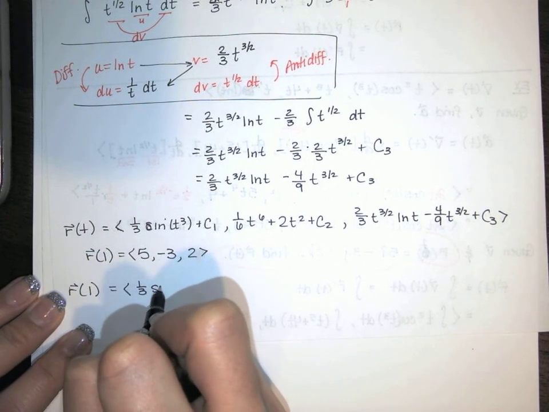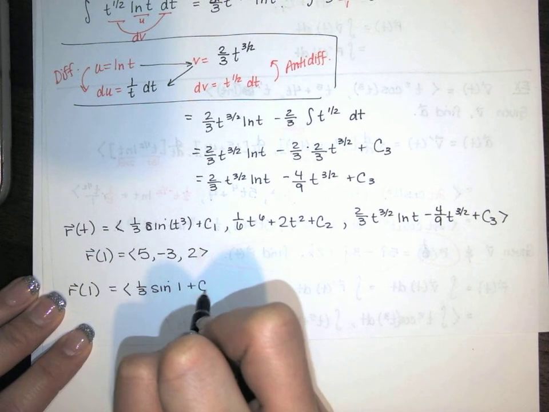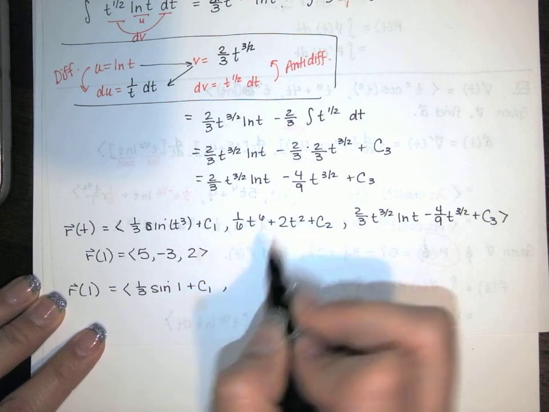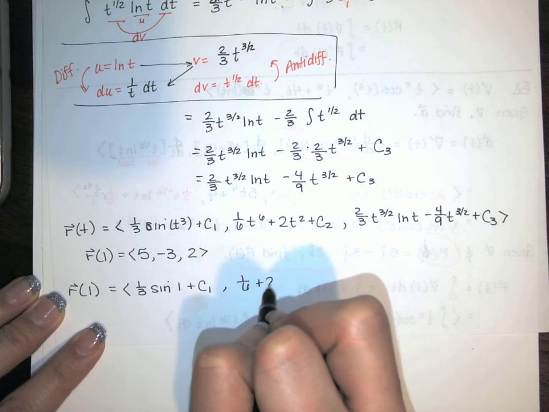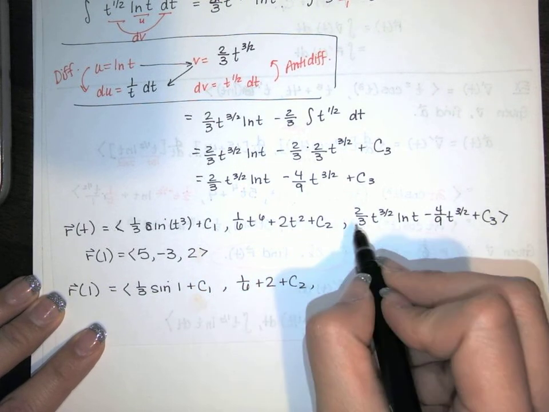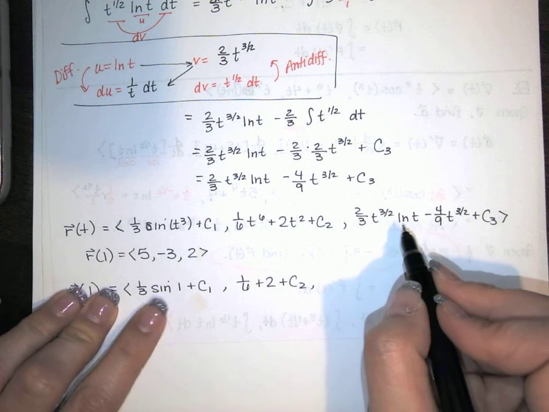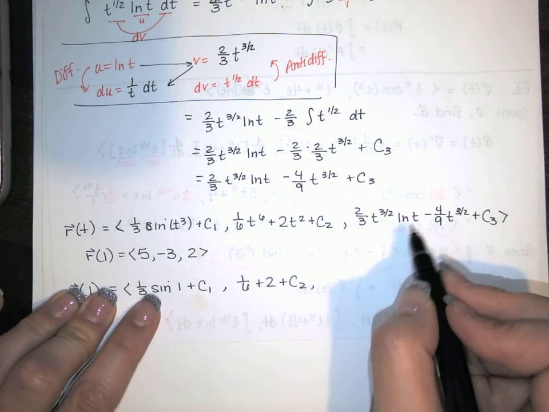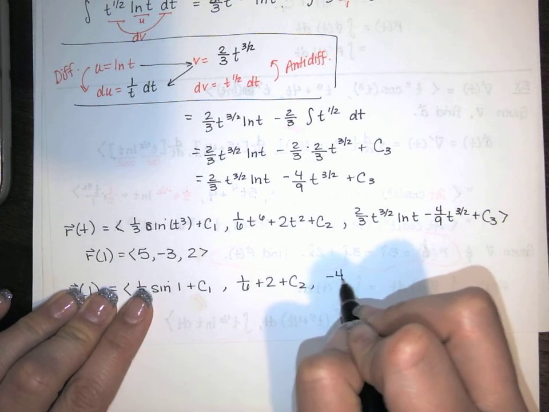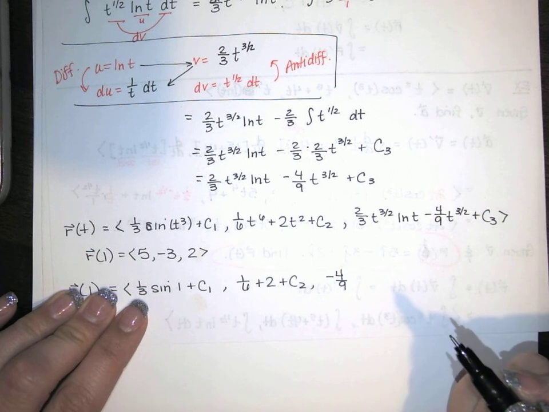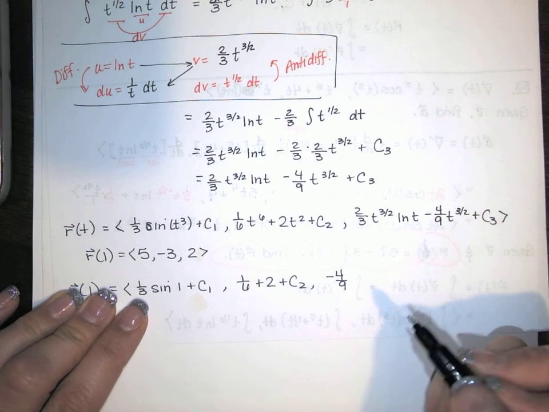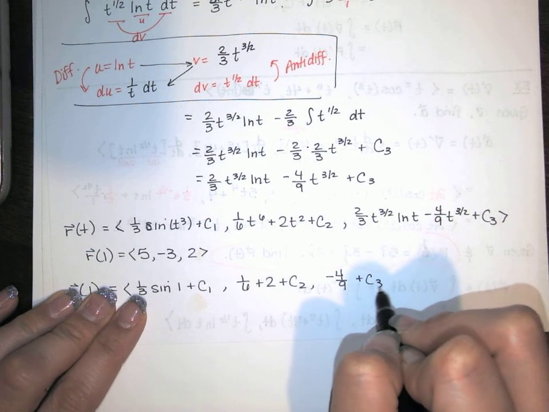So we've got 1/3 sine of 1 plus c1. And then if t is 1 here, we've got 1/6 plus 2 plus c2. If t is 1 here, natural log of 1 is 0, so this guy is gone. And we've got -4/9. The square root of 1 cubed is just 1, plus c3.